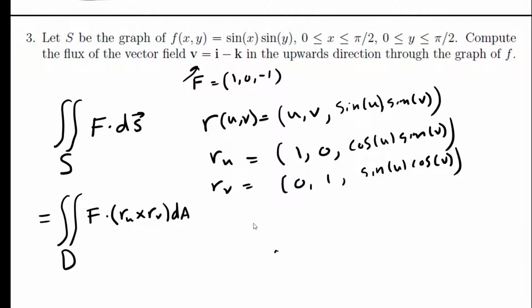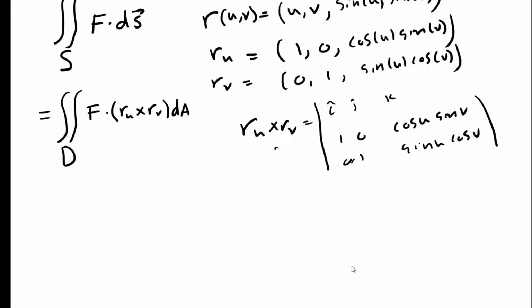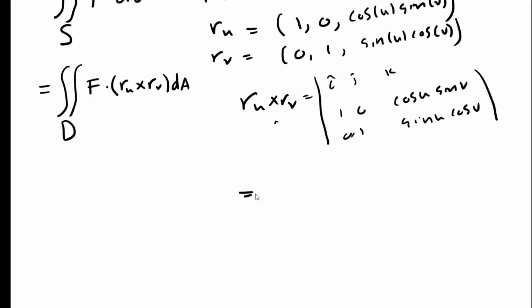All right, so I do the cross product, r_u cross r_v. That's i, j, k, 1, 0, cosine u, 0, 1, sine u cosine v, sine v. And this becomes, what? It's probably going to be kind of long, so let's give myself some more space.